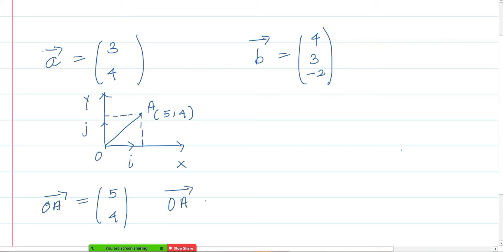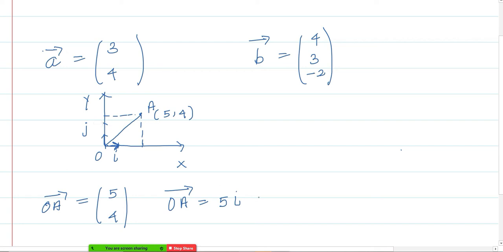The OA vector can be written as 5 times the i vector, because this i is a unit vector. This is a direction vector which indicates the direction along the x-axis, but it has only 1 unit length. And similarly, the j vector is also a unit vector along the y-axis direction.